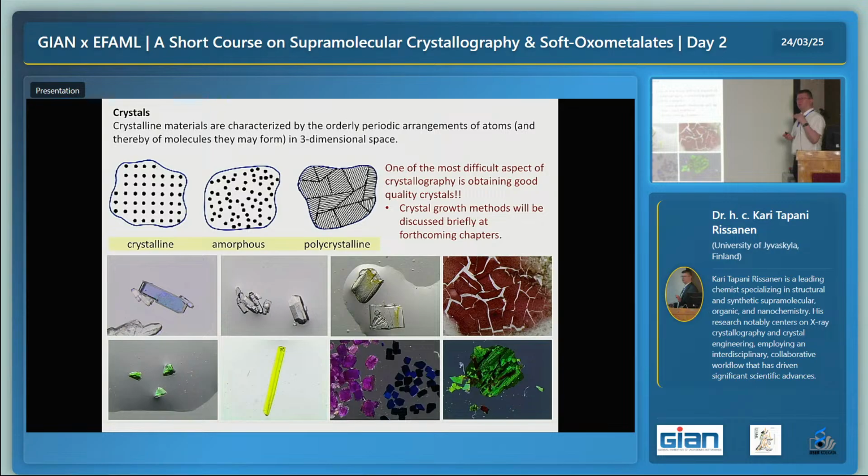It has to be organized in 3 dimensions. And this is a cartoon-like presentation. Here the black dots are ordered internally. Now it's a 2-dimensional picture, but it has to be 3-dimensionally organized. If you take any point here and look at the distance to the neighbors, it's always the same. And this is then crystalline. And if it's like this, then it's single crystalline.